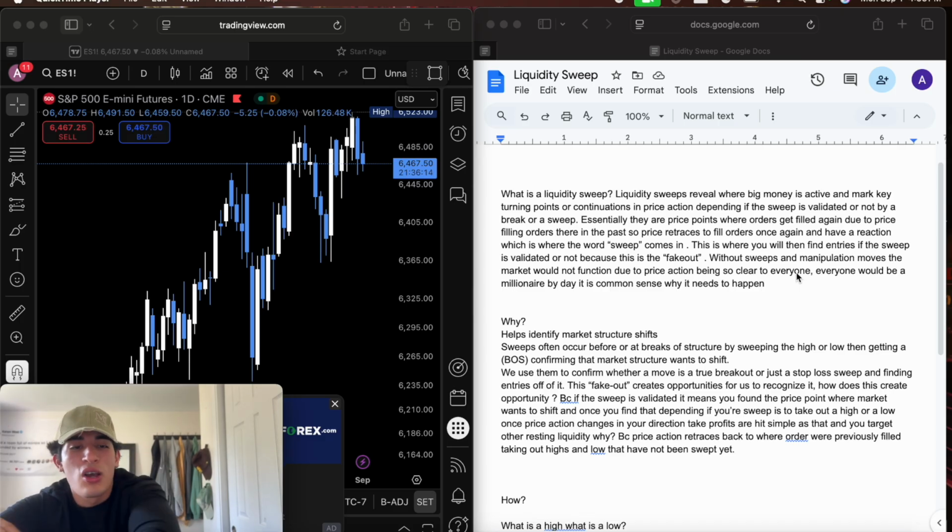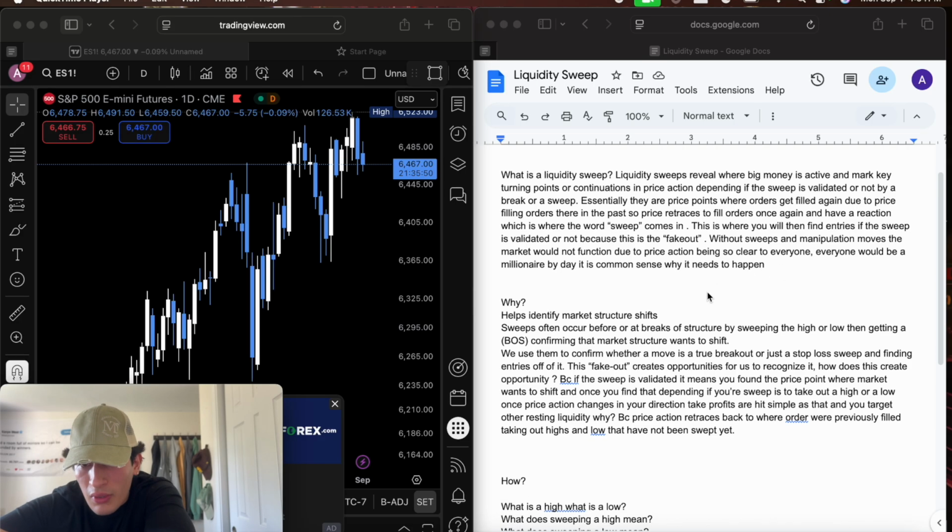It makes sense why it needs to happen. Like I just mentioned, if price action was so clear and the same thing happened every single time the market closes a certain way, everybody would catch on to that. Everybody would enter long, everybody would enter short. Everybody would be rich by this point. Obviously, they don't want that, right?